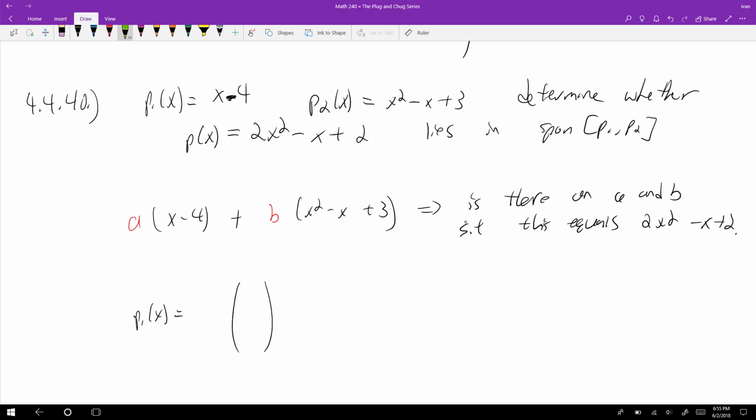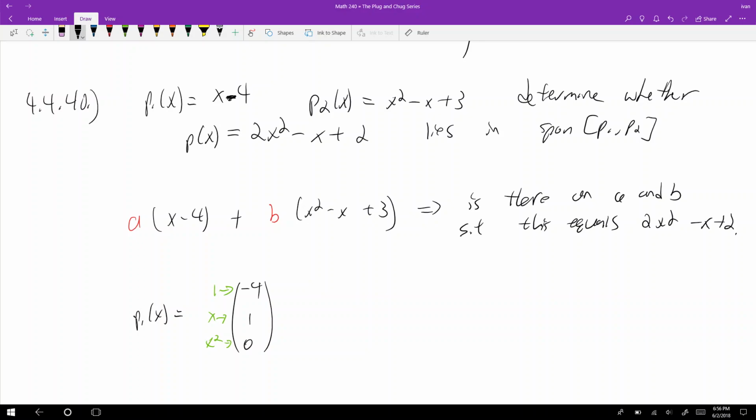I'm going to have the first entry correspond to the constant term, so whatever times 1 goes into the first component, then the second component is x, and the third component has to be x squared. So p1, for example, is equal to (negative 4, 1, 0).